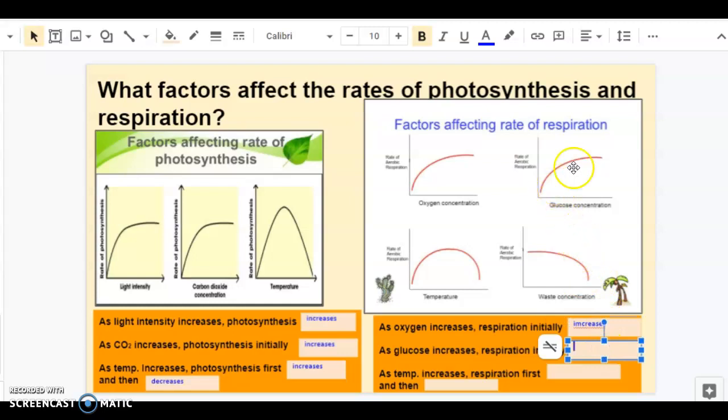And we see the line goes up, which means as glucose increases, respiration also increases. What about temperature? And we see the same pattern here. First it increases, and then it decreases. And it's for the same reason. Remember that these are chemical reactions, and they are catalyzed.